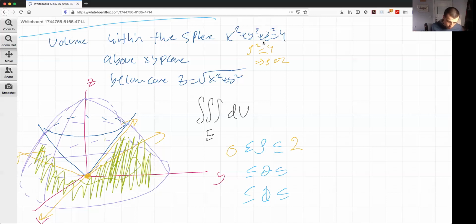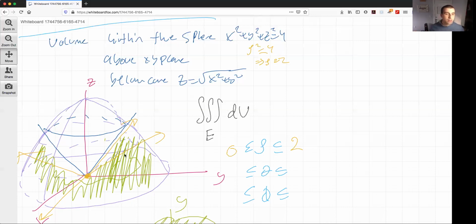Again, what do I do to find my theta in this case? I project onto the xy plane. If I look down on this, would you agree I would just get a circle? I would see that full circle.